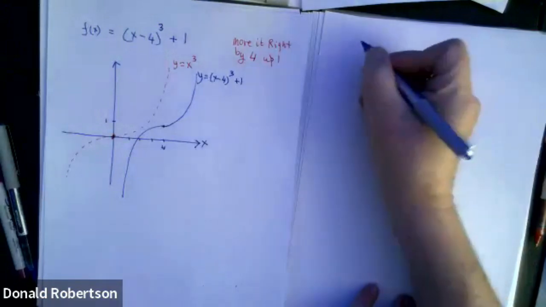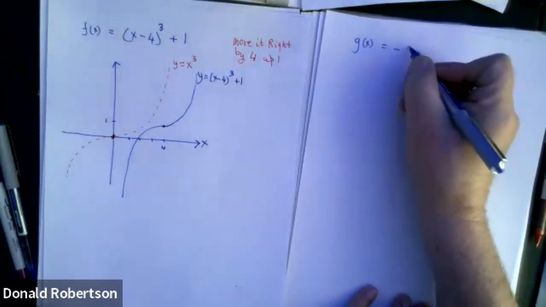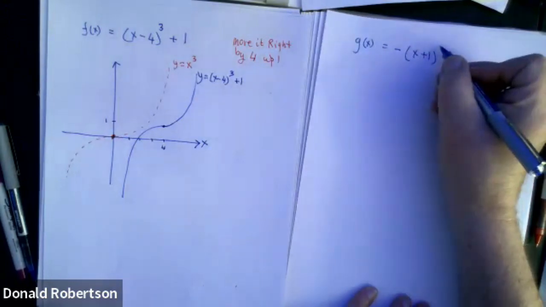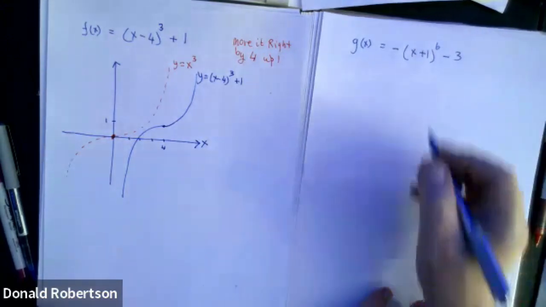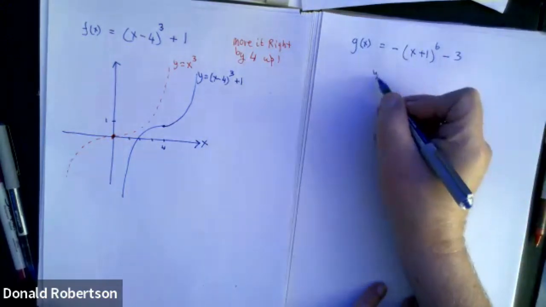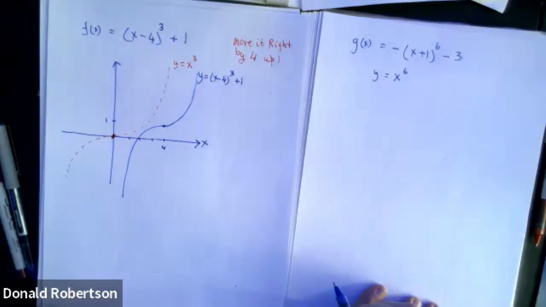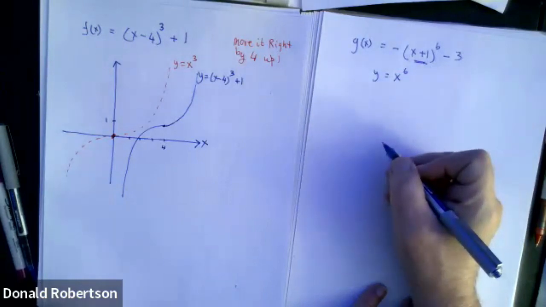Let's try another function. Suppose I wanted to sketch negative (x plus 1) to the 6, take away 3. Well, I hope you would say the building block is that guy. That's who you start with. And then move it to the left 1.